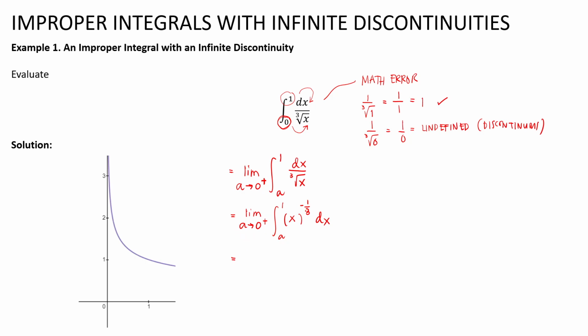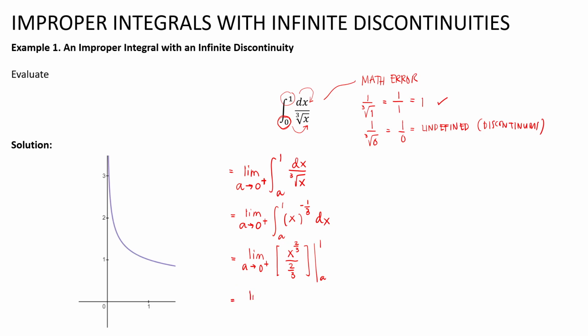So n plus 1 over n plus 1: 1 plus 1/3, negative 1/3 plus 1, that is 2/3. So this will give you the limit as a approaches the right hand side of 0, or 0 plus. Then this is x raised to 2/3 all over 2/3, from a to 1.